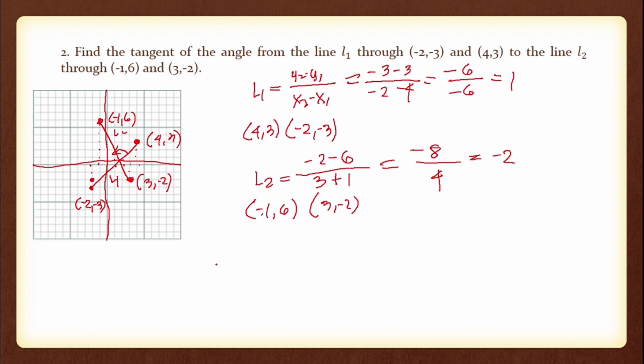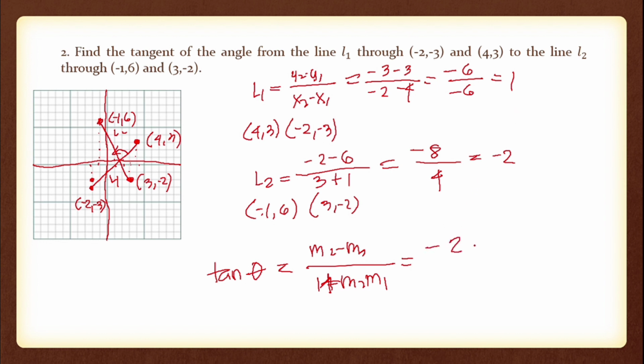So to find the tangent of the angle, let's name it theta: tangent theta is m2 minus m1 over 1 plus m2 m1. Our m2 is negative 2.